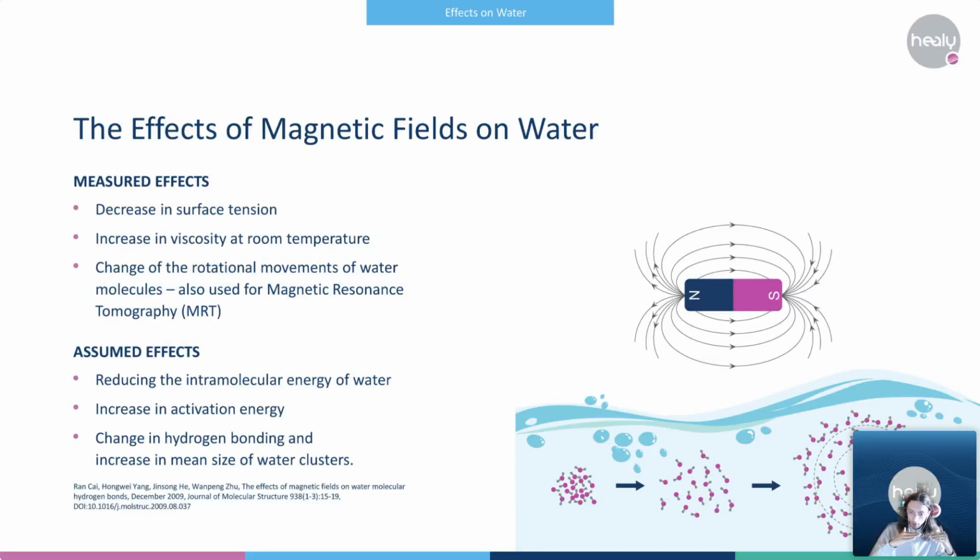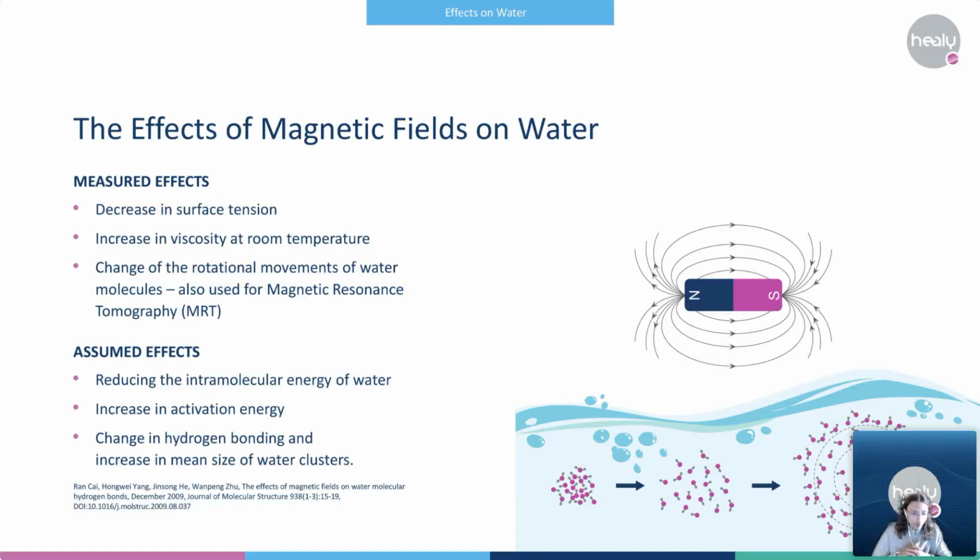And if you get rid of this force, then they go back into their original position, or change their position again. This is then recorded before and after, and then you get your imaging out of this. So that's also an effect that we are using in medical imaging, that magnetic fields have on water molecules.